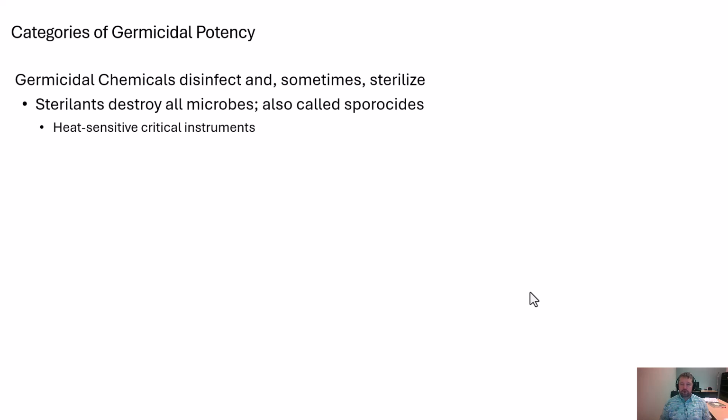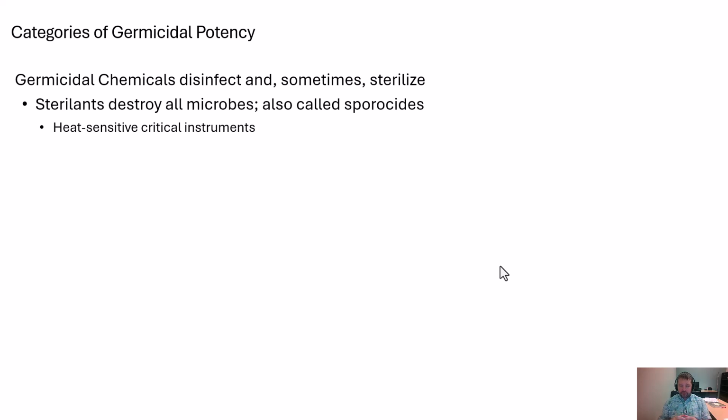Okay, so sterilants are also sometimes called sporicides because the sterilant itself can destroy endospores, and so that's one of the key components of whether something can be considered a sterilant.